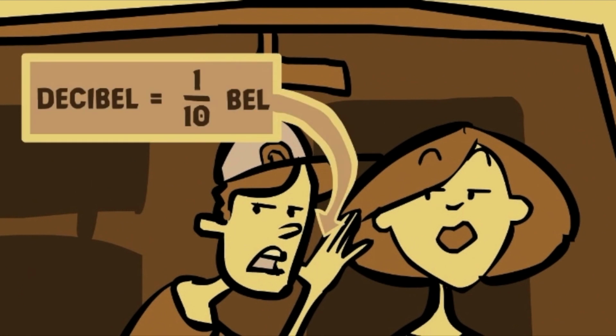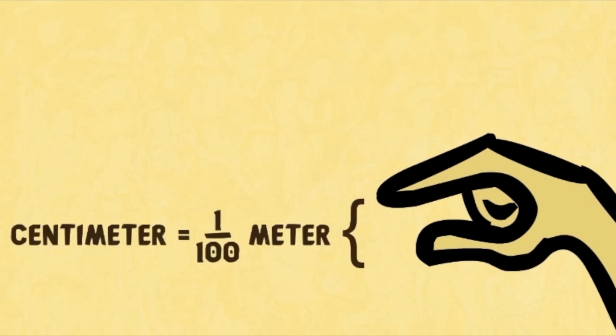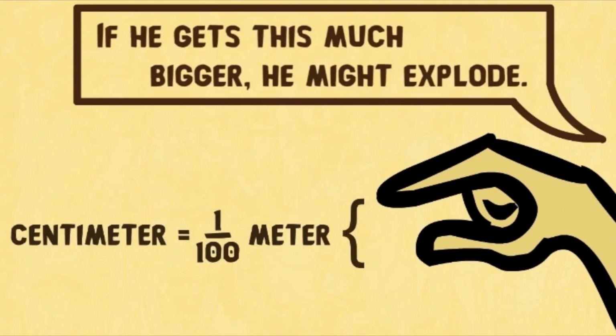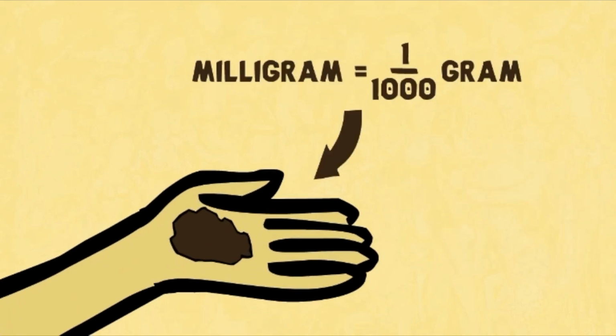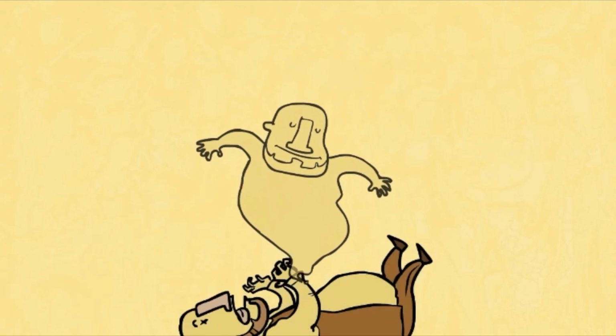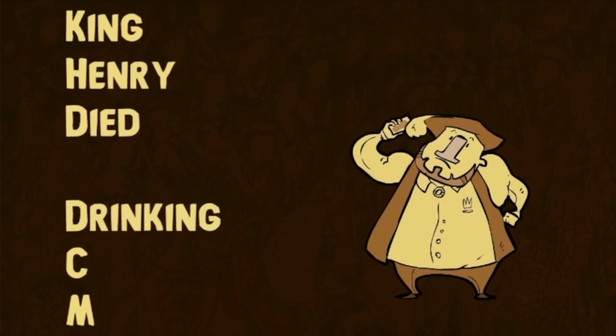I whispered at a decibel, 1/10 of a bell, saying that King Henry wasn't checking his health. She made her finger small like a centimeter, 100th of a meter, and said, please believe her. If he gets this much bigger, he might explode. I agreed, even the milligram of cocoa, 1,000th of a gram, might change the throne, cause hot chocolate can make a king turn cold. King Henry died drinking chocolate milk.